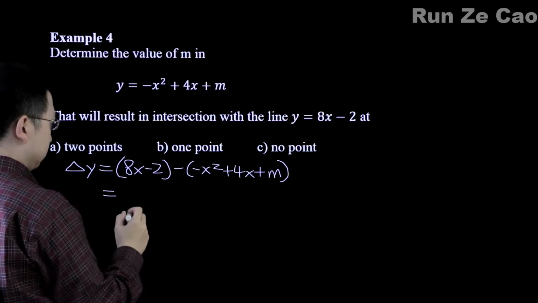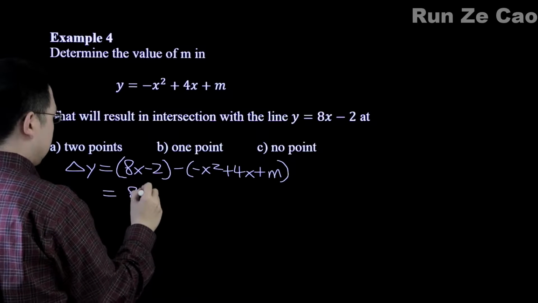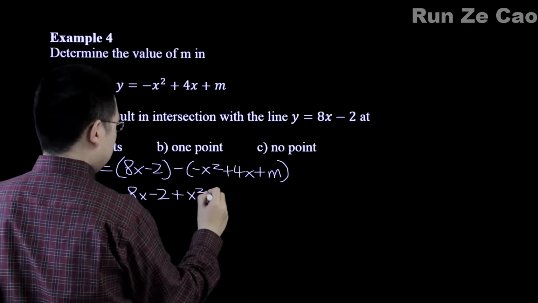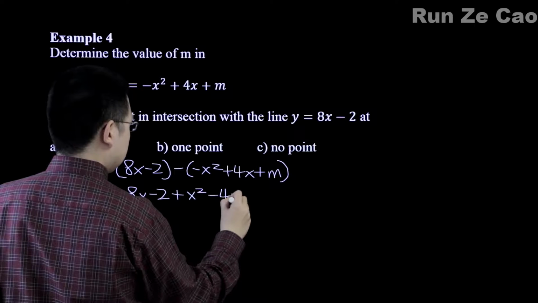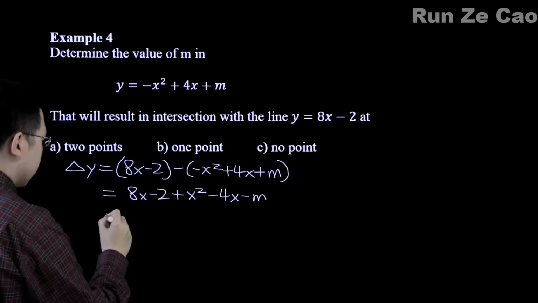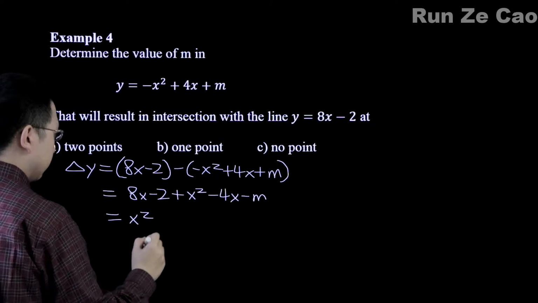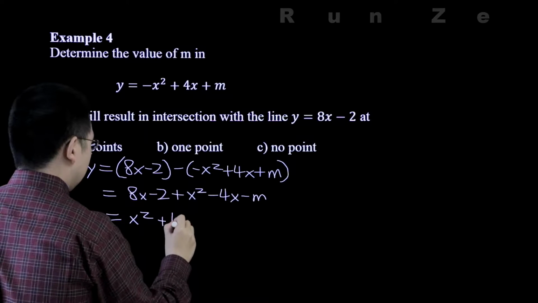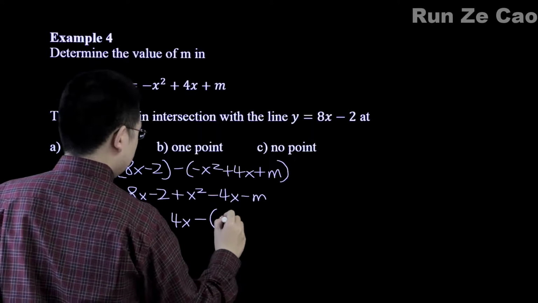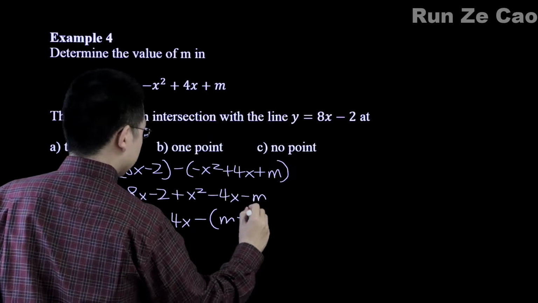So this is 8x minus 2 plus x squared minus 4x minus m. So x squared plus 4x minus m plus 2.